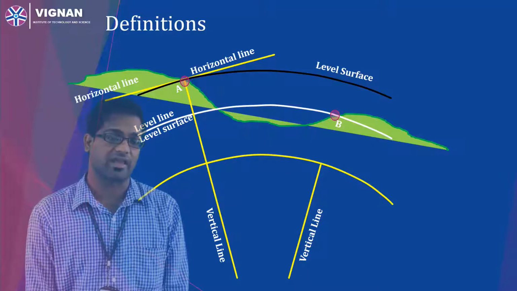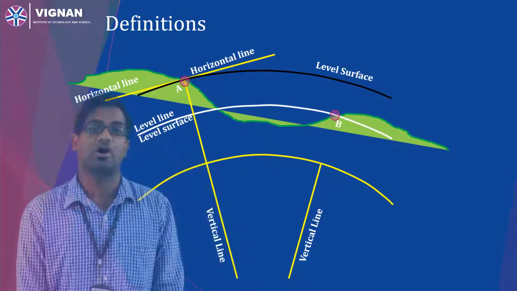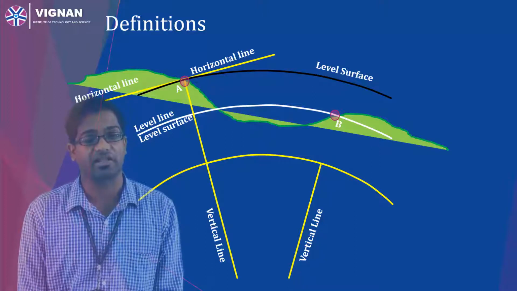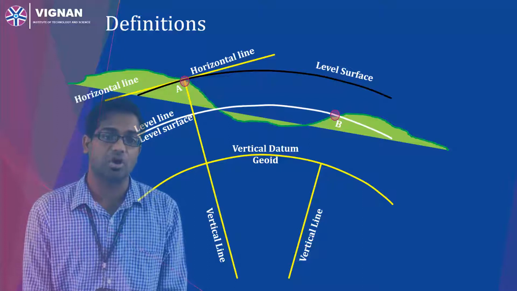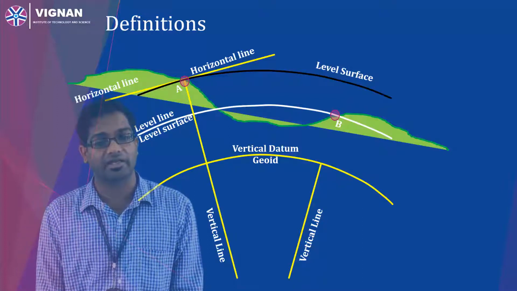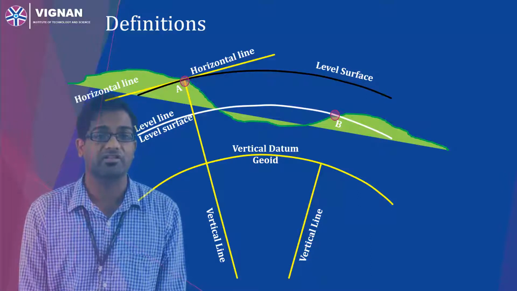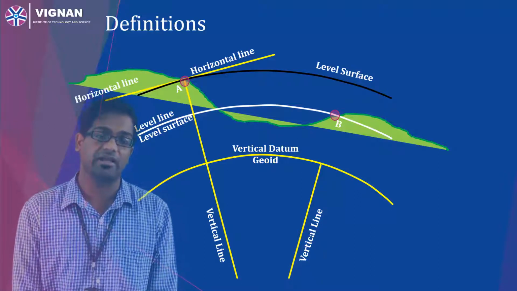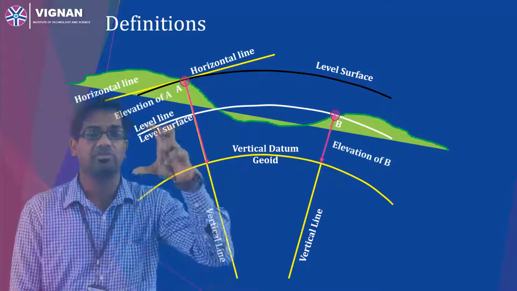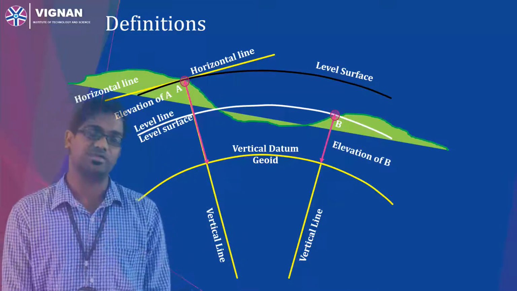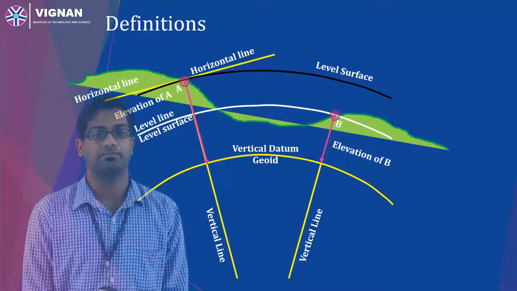We always say that level differences or level heights are measured with reference, and the reference is called the vertical datum or geoid, where the vertical measurements of different points are measured, like I have shown in pink color.